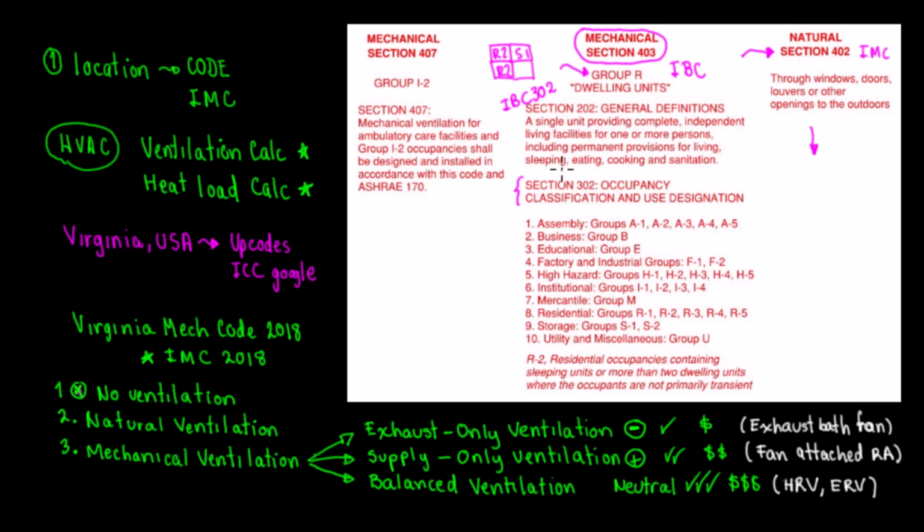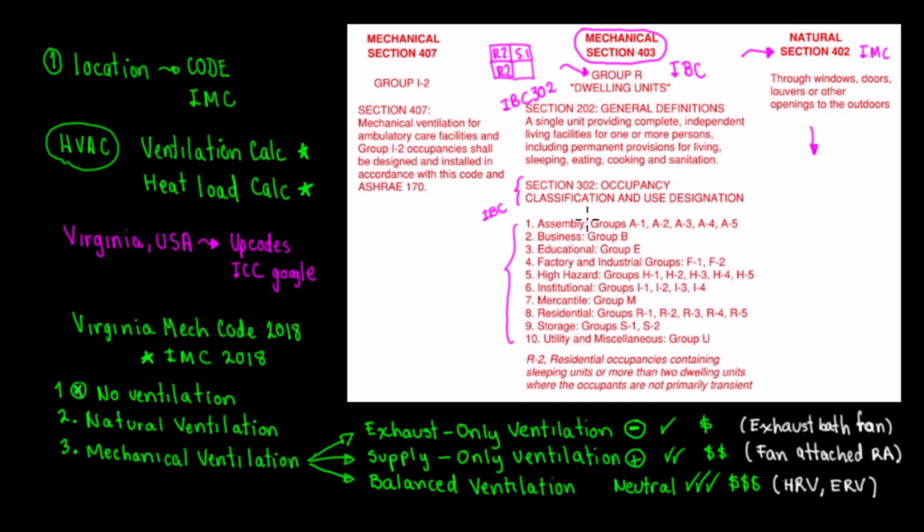In the IBC, again, I don't want anyone to get confused on this. IBC section 302 indicates occupancy classification and use designation, and they have this table with different categories: assembly, business, educational, factory, hazard, institutional, residential.